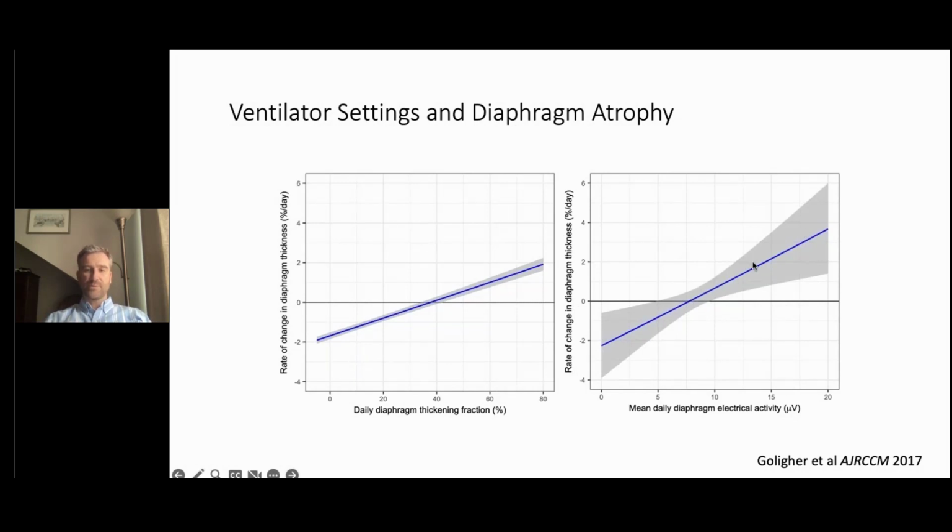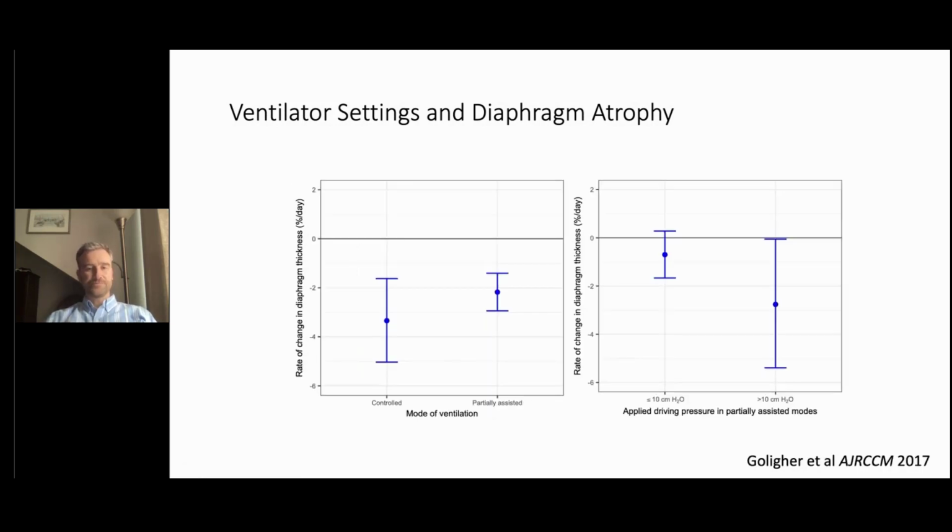For various reasons I'll talk about momentarily, we hypothesize that that increase in thickness may be load-induced injury and inflammation. It's certainly not physiological hypertrophy from excess use. And interestingly, we see that while there's some association between mode or applied pressure on the ventilator and the rate of diaphragm atrophy, even in partially assisted modes like pressure support, there's still a progressive loss of diaphragm thickness over time.